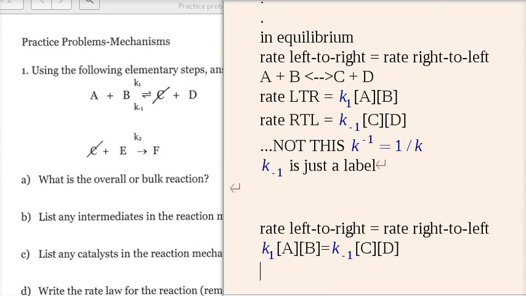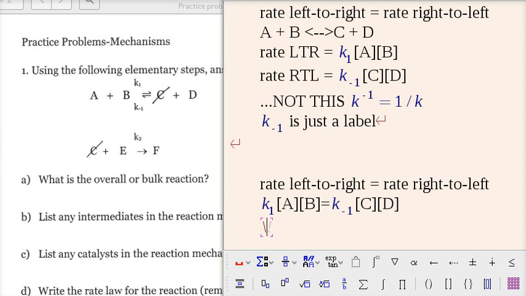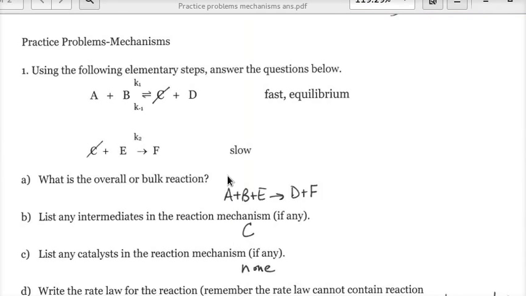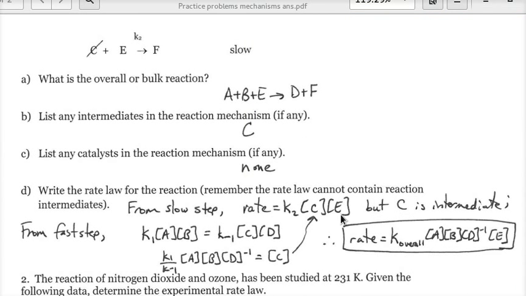And this is where the algebra, while easy, gives you a slightly more messy expression. By the way, what are we solving for? Well, there's an intermediate, and we want to get rid of that. So we solve for that, and then we'll plug it into what we already had.